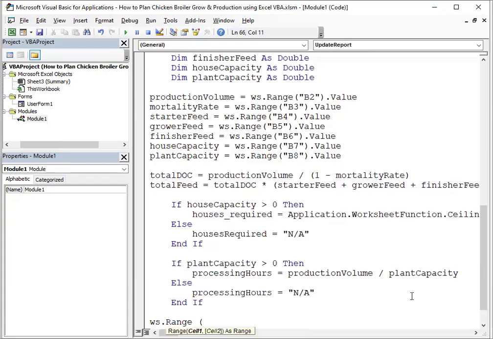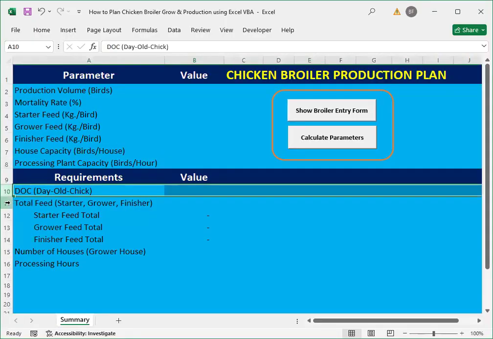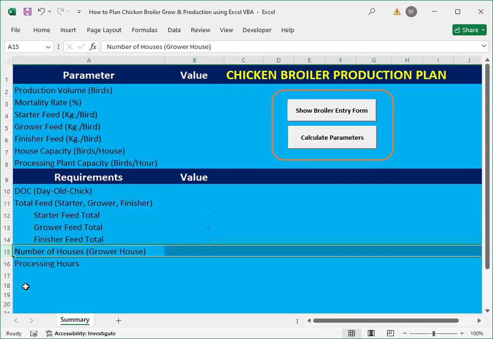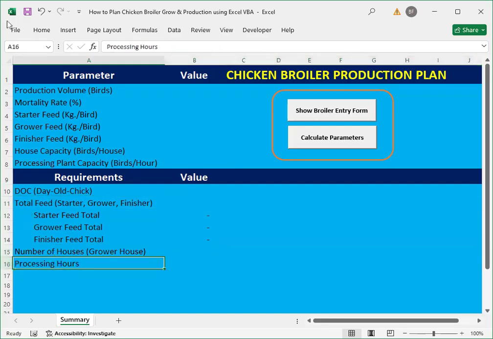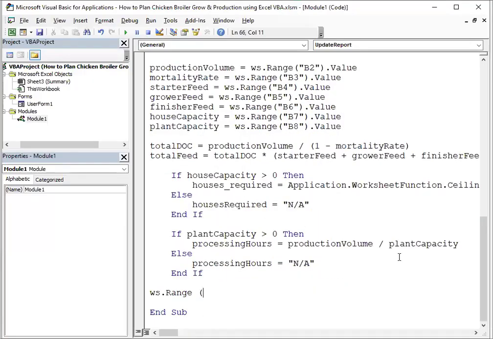This would be B10, B11, B15, and B16 here in Excel. So ws.Range("B10").Value equals Round of total, so that we don't have decimal points.